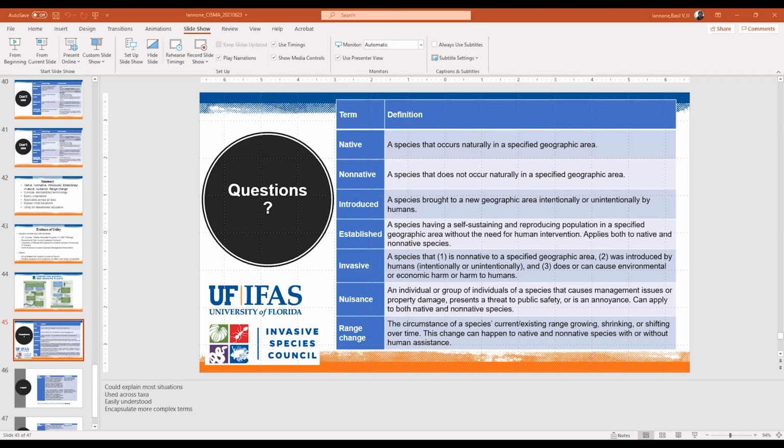But we need to make sure that we clarify with people that saying something is native or non-native or introduced or established, is that really militaristic? That seems to me pretty neutral, but I do agree that we need to think about that so that not everyone is afraid of every non-native organism, you know what I mean?